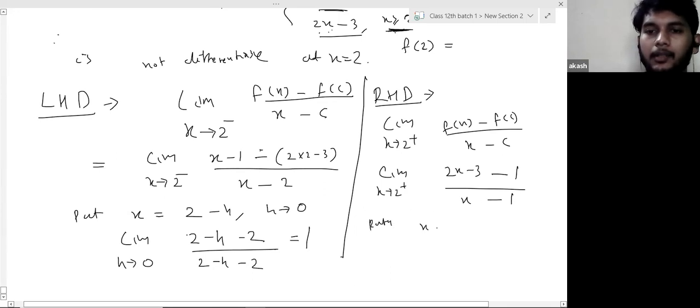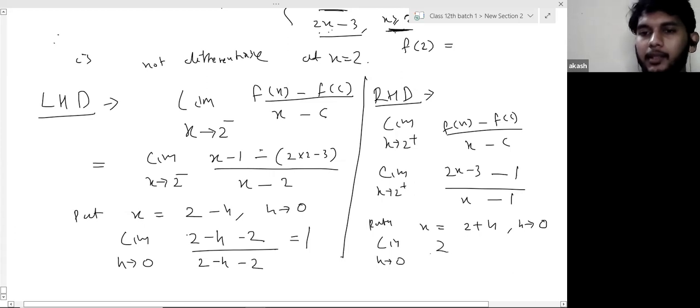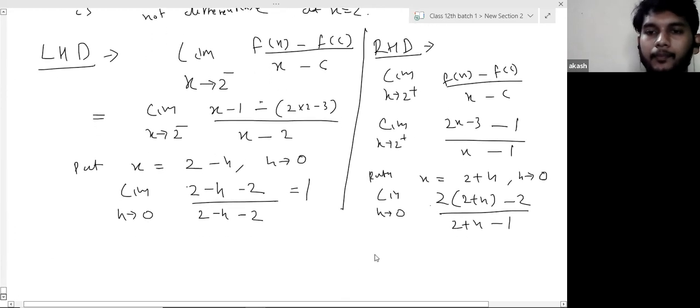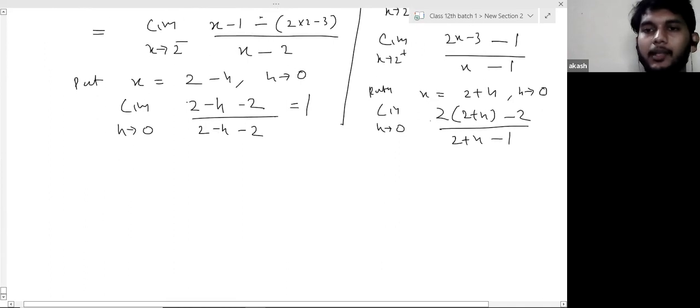Putting x equals to 2 plus h and h tending to 0, this will be limit h tending to 0. So we can take 2 common: 2 into 2 plus h minus 2, whole divided by 2 plus h minus 1. Now put h equals to 0. We get what answer? 2.